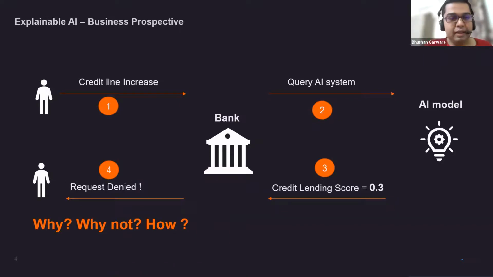When we started our first lecture on key pillars of responsible AI, one of the limitations of deploying black box models that we discussed is this. When someone asks for a credit line increase, you generate features and then you query your AI system, and your AI system returns a score, which is interpreted by somebody saying that the score is 0.3.